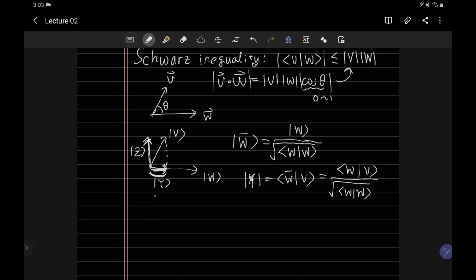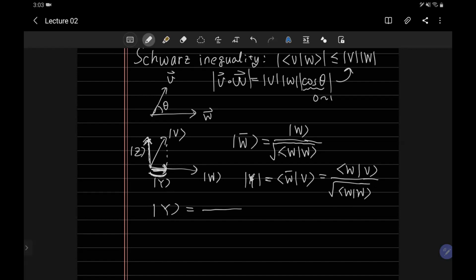Finally, if I want to find the y vector, I have to multiply the unit vector along w, which is w hat, by the length of the y vector, which is already found. So it is the product of this one and this one.